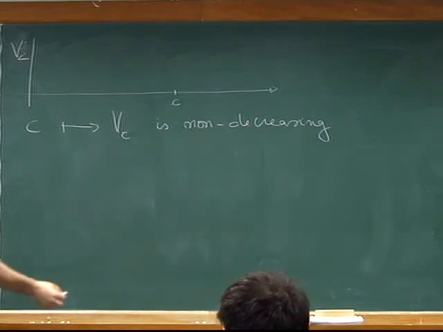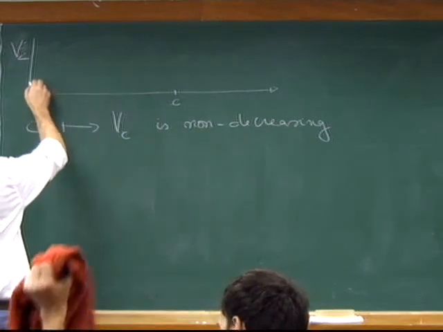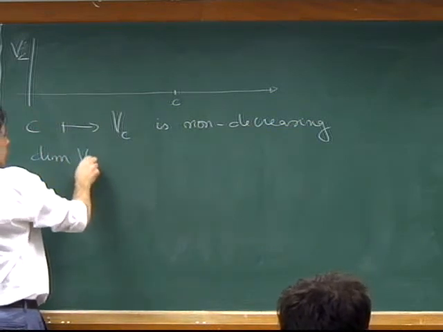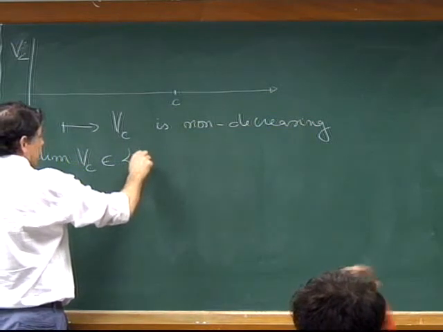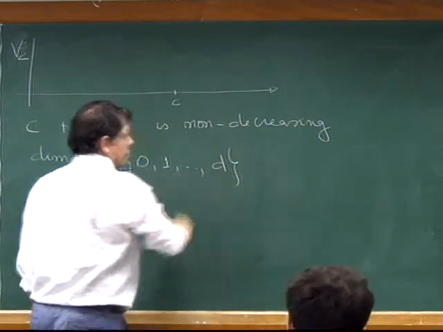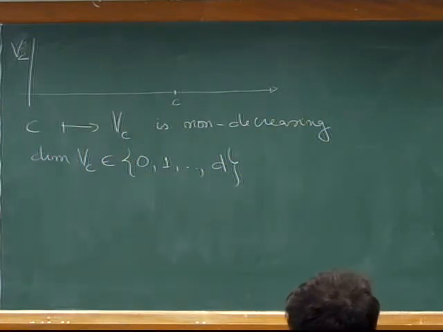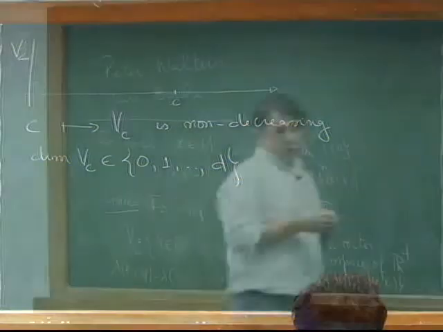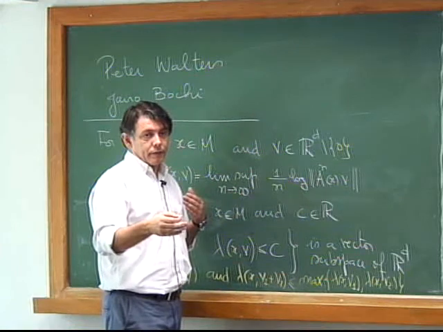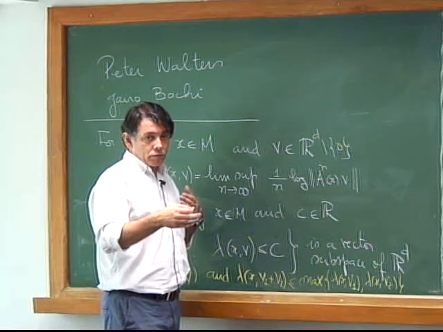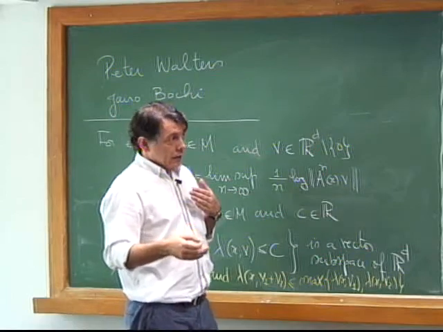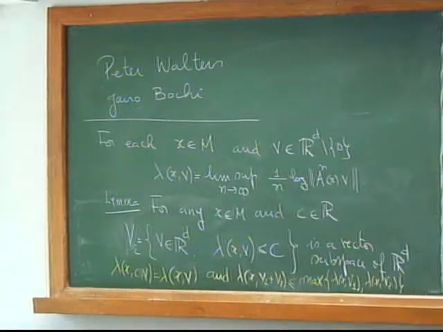So the picture is something like this. Of course, the dimension of V_c is an integer number between 0 and d. So as you vary c, you get a certain number of vector subspaces growing, at least not decreasing. Of course, the dimension is also non-decreasing.